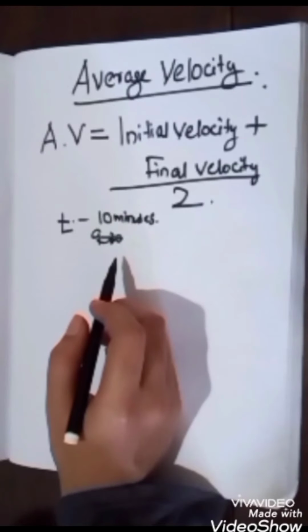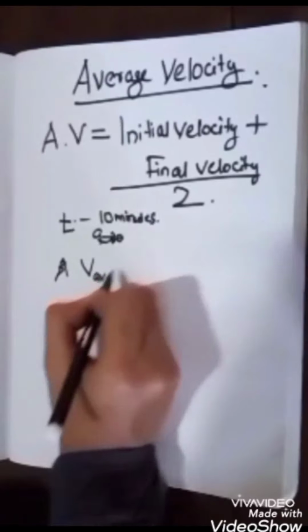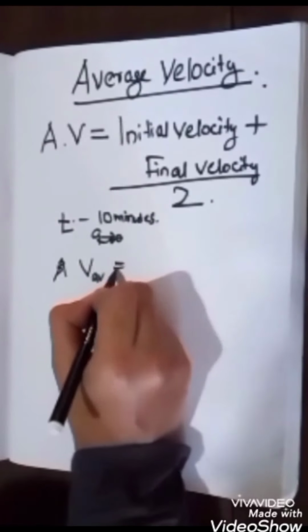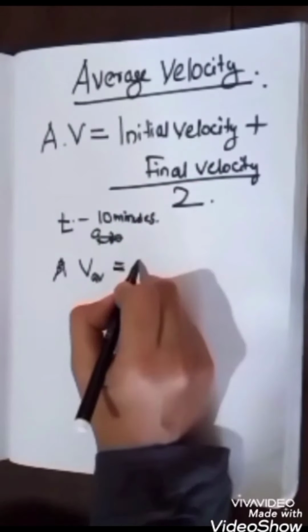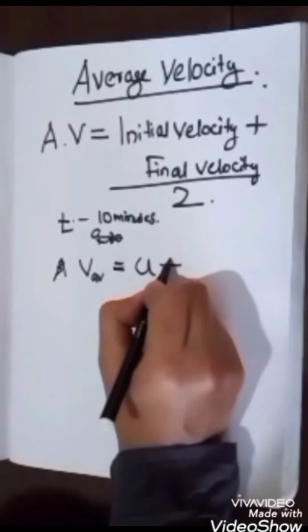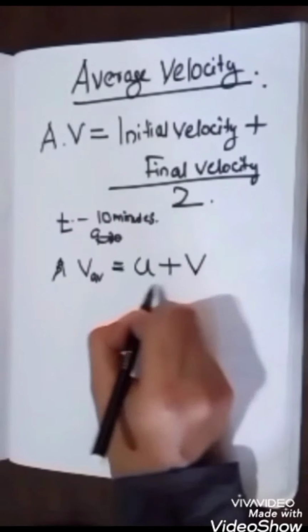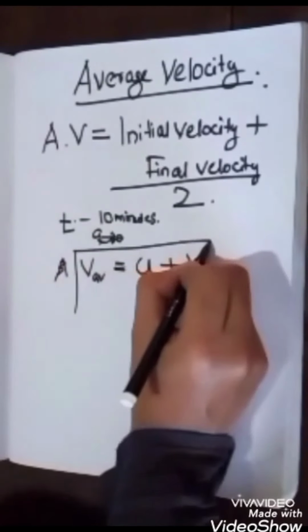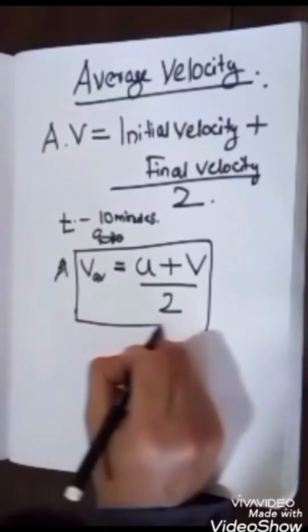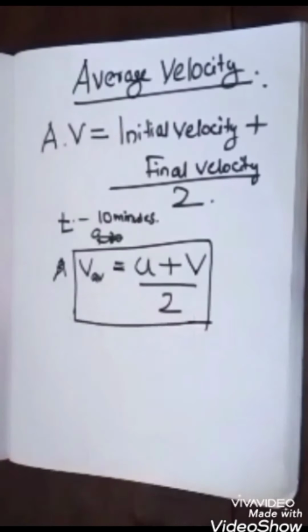Okay, hope you are clear on that. Average velocity can be written as V average, equal to initial velocity, denoted by the letter U, plus final velocity, denoted by the letter V, all divided by 2. This is the equation for average velocity.